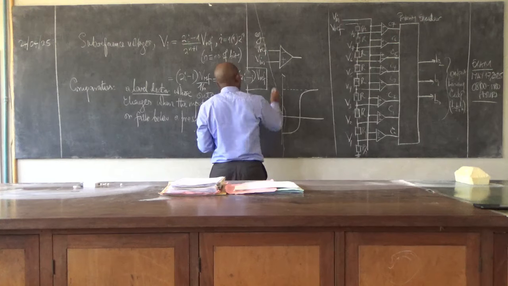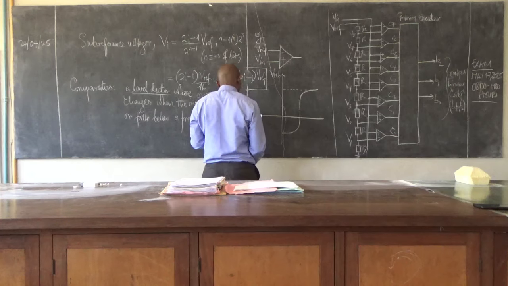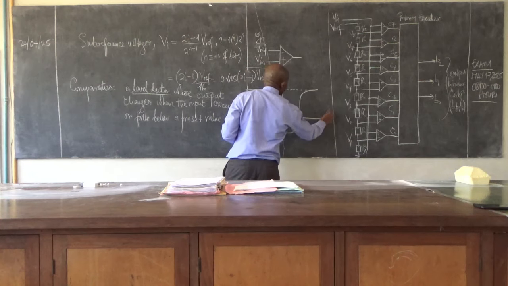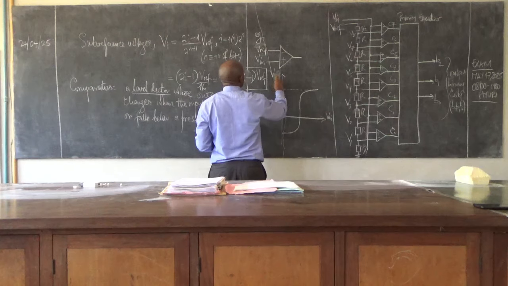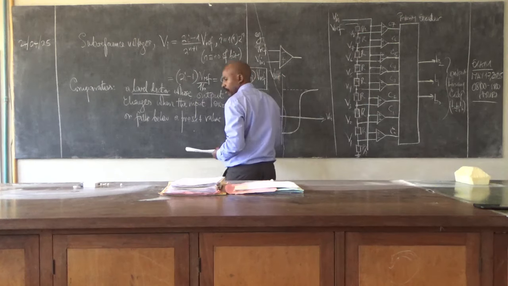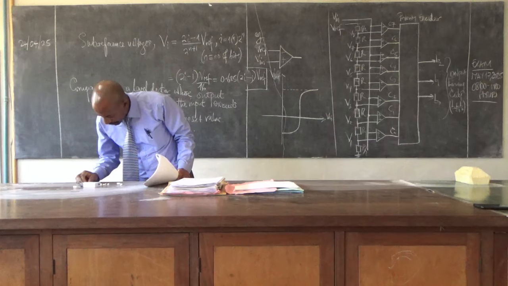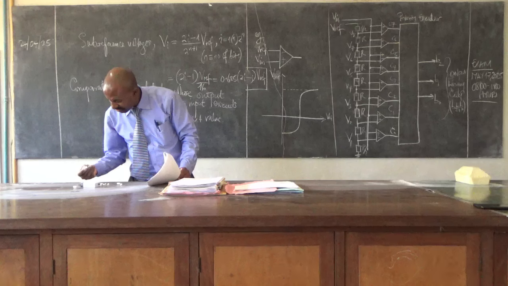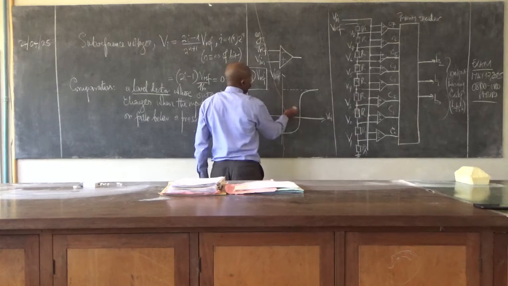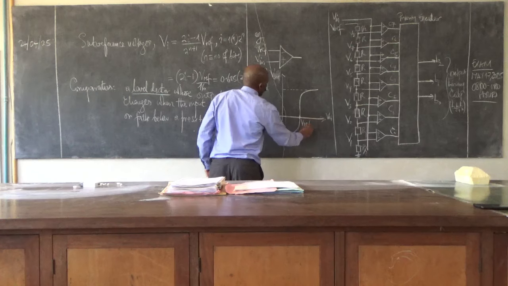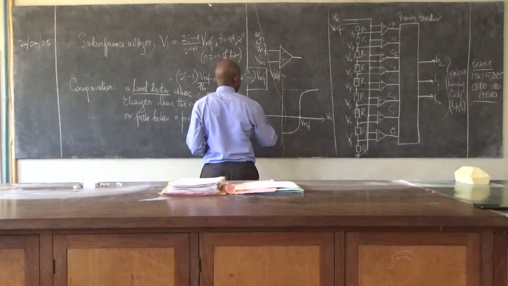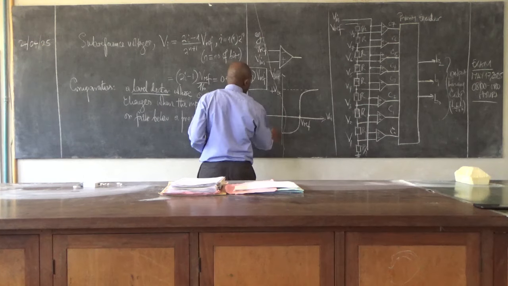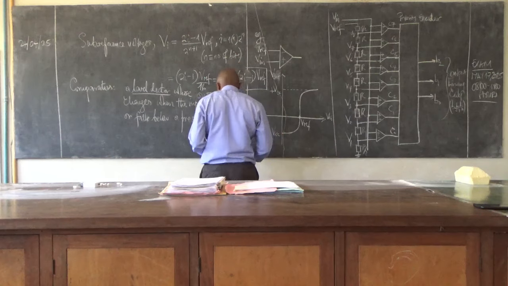So this is Vref, and then we have Vin, then V out, and then the reference voltage, and then we have plus VCC and minus VCC.